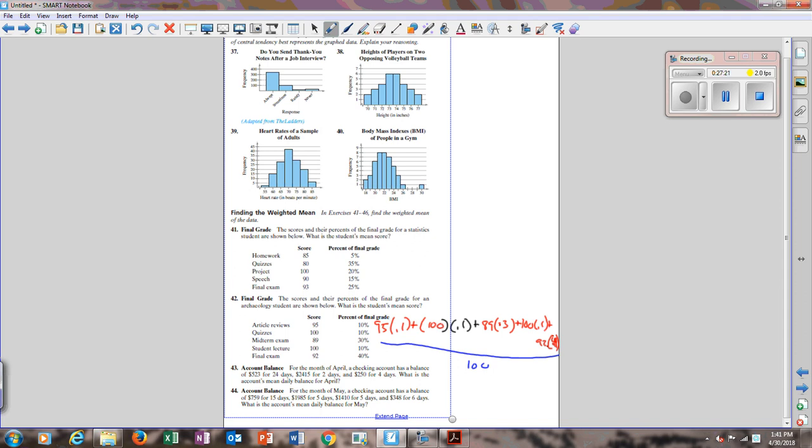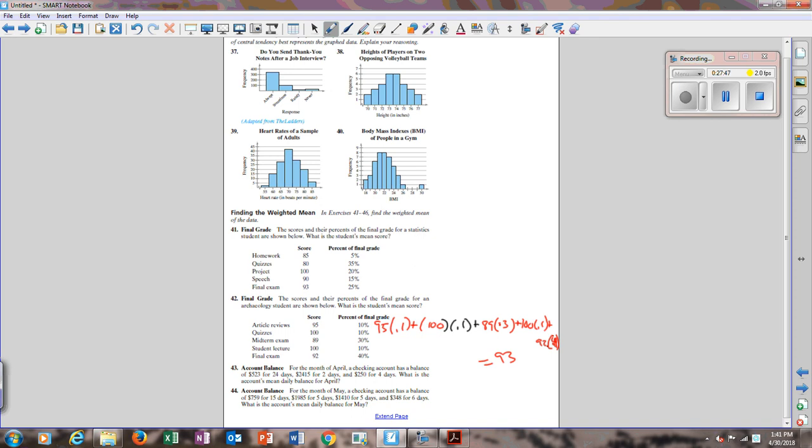So if we need to show it as a percentage, then it would be 0.93, which is why we divide by 100. It just says what's the student's mean score, so you wouldn't even have to divide by 100 because you wouldn't need to show the percentage as a decimal. So it would just be 93 outright.